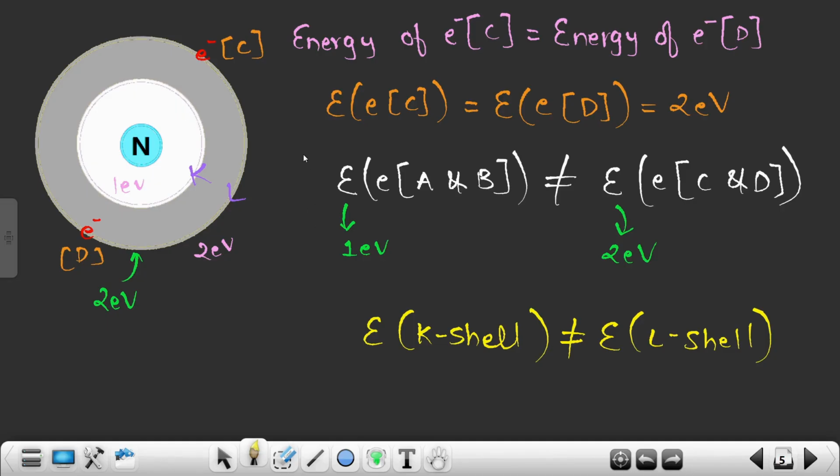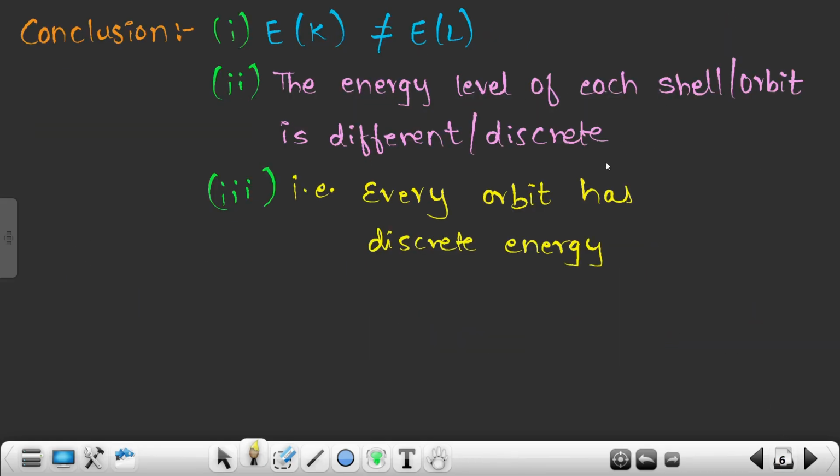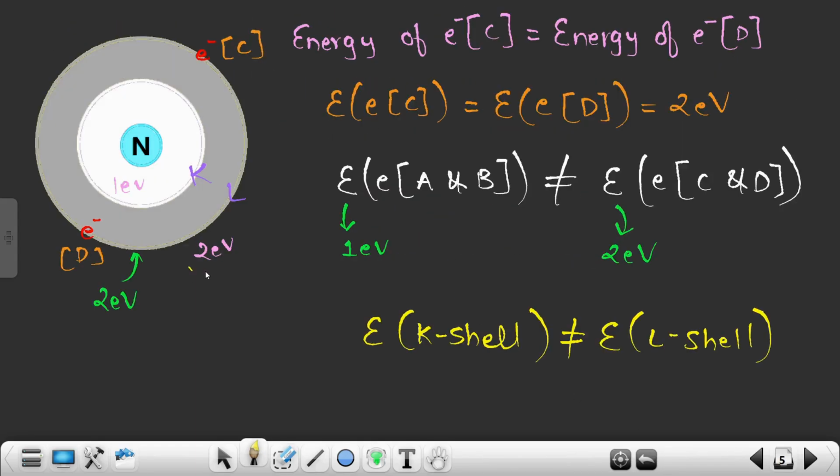So the electrons which are present in the same orbit have the same energy. This is what it tries to indicate. Whereas this particular point indicates that the energy is totally discrete for the different orbits. I hope you are able to understand this particular point.